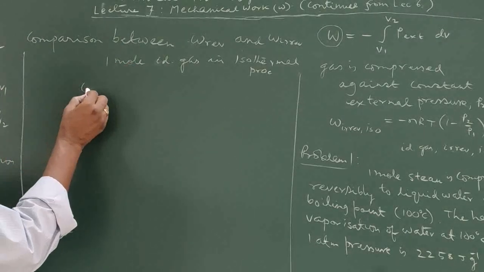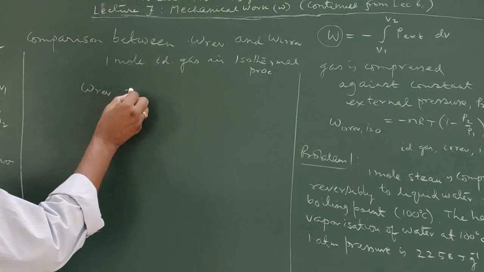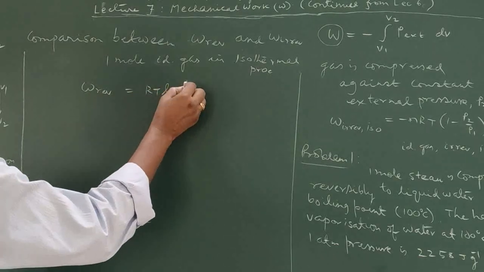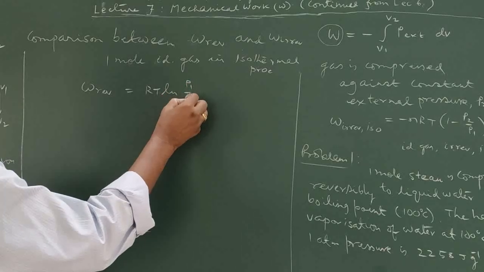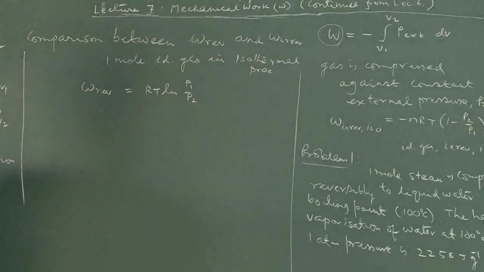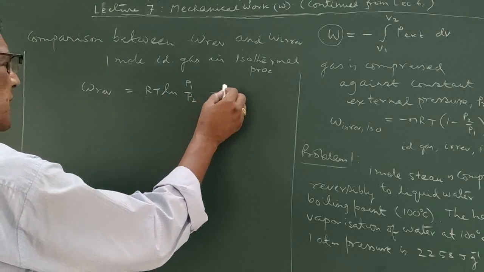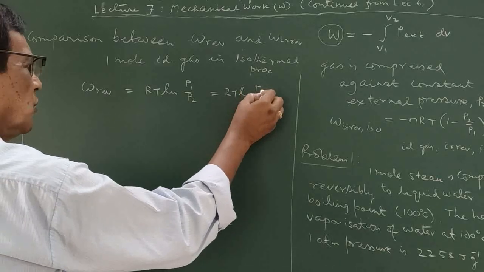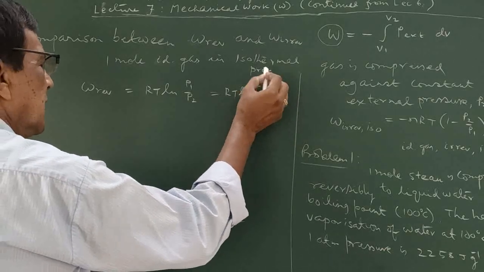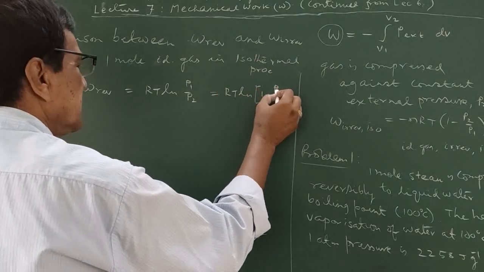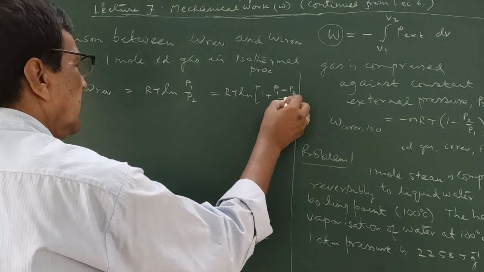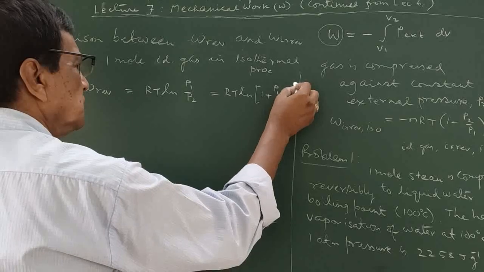And W reversible for this isothermal process is RT ln P1 by P2. Already I have formulated this sort of equation. This could be written as RT ln of 1 plus P1 minus P2 divided by P2.